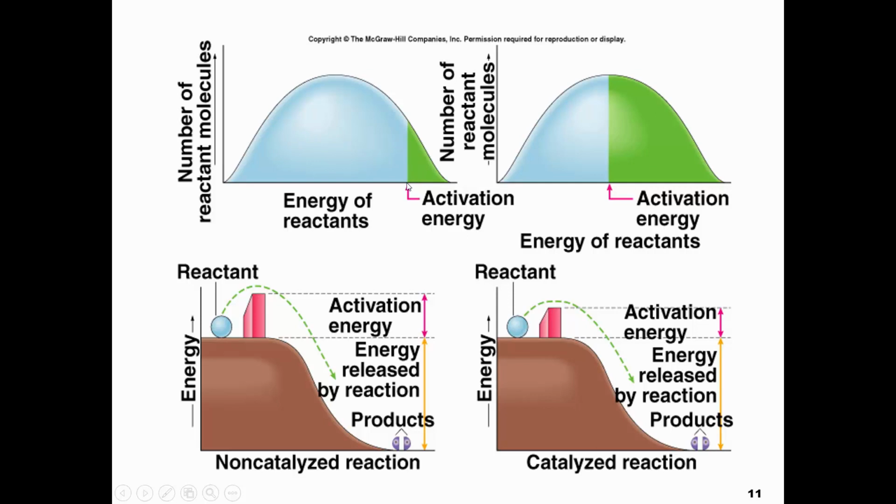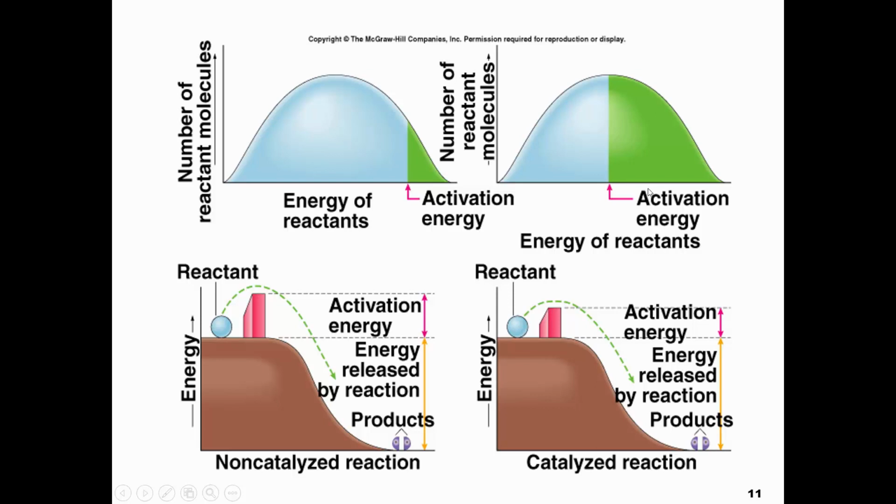In other words, only the molecules found from this point, where I'm pointing with the cursor now, and up, have enough energy to undergo the reaction. But as we go over here to the right-hand side, when we provide an enzyme, we take that activation energy and slide it way down to the left. And because the activation energy is lower, we haven't changed anything about the molecules themselves, but we've simply lowered the standard.